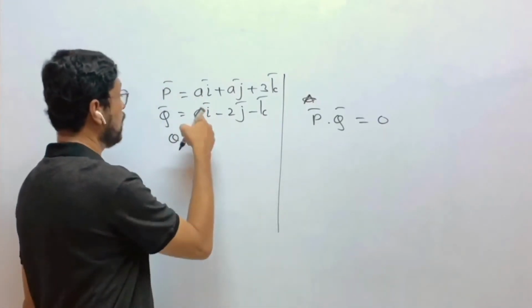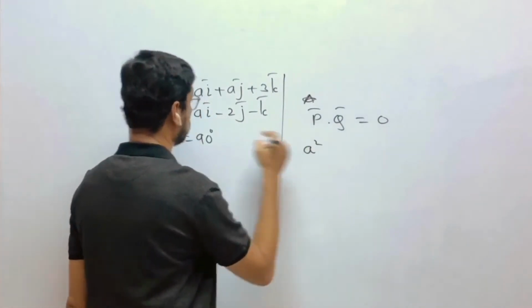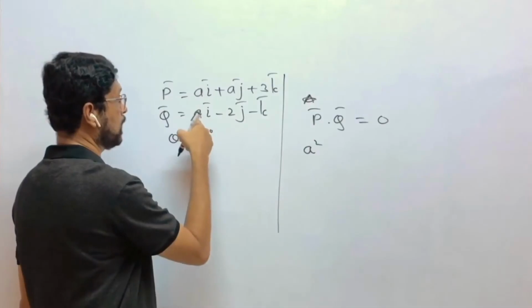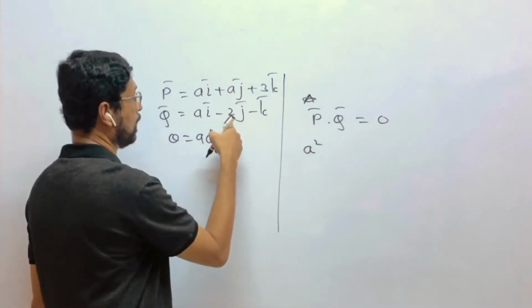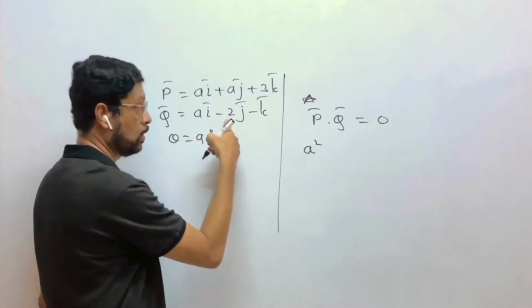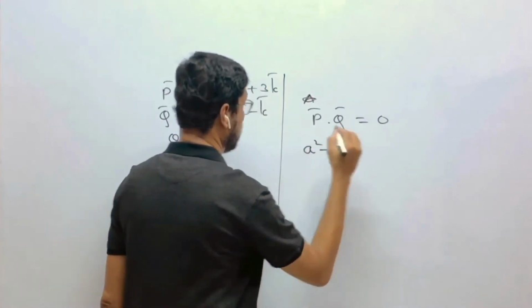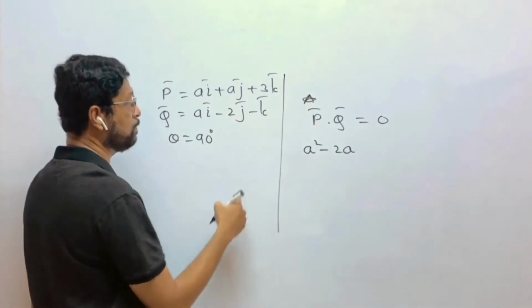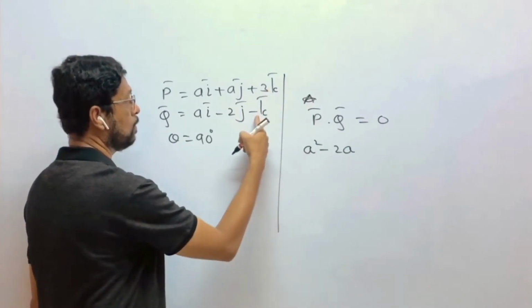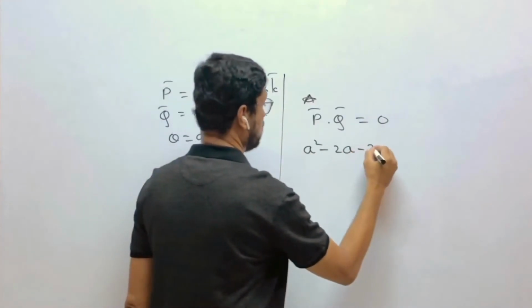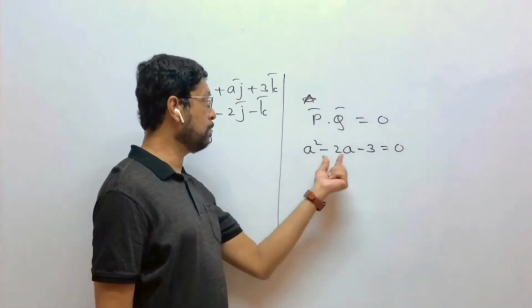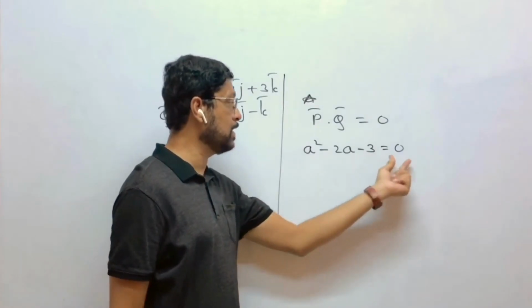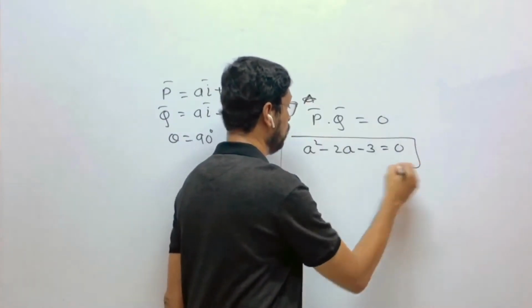So a into a, that is a square, plus 3 into minus 2, that is minus 6, plus a into minus 1 is minus a, equal to 0.